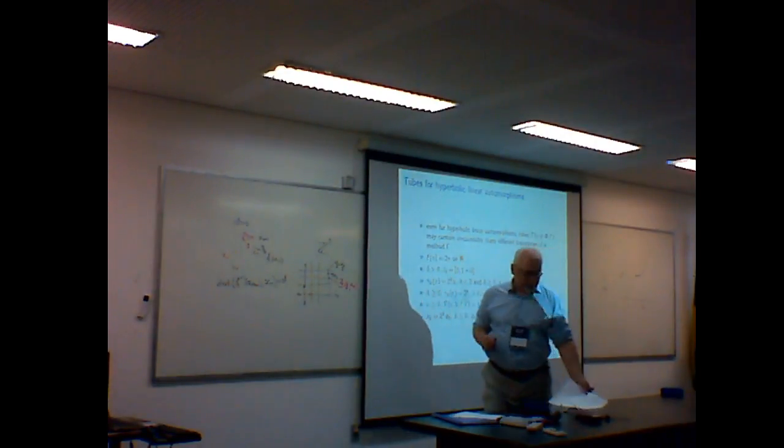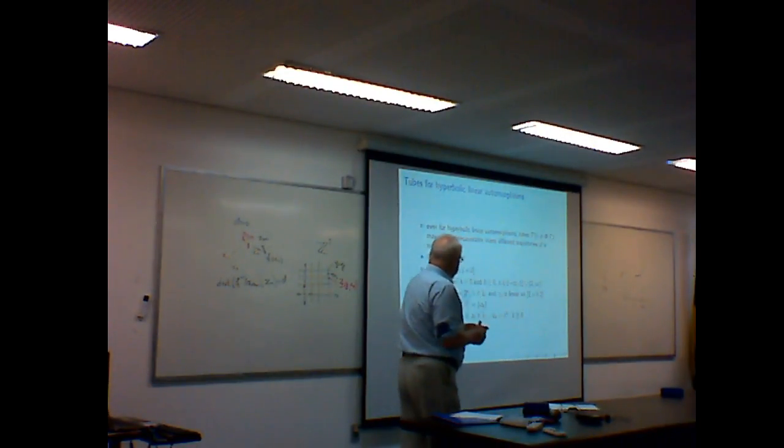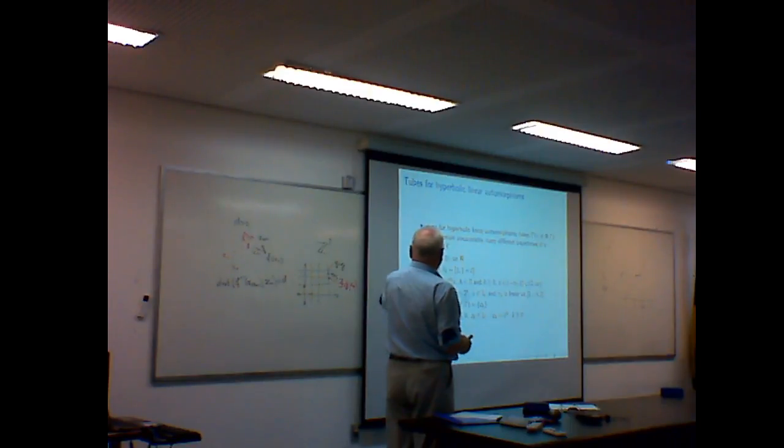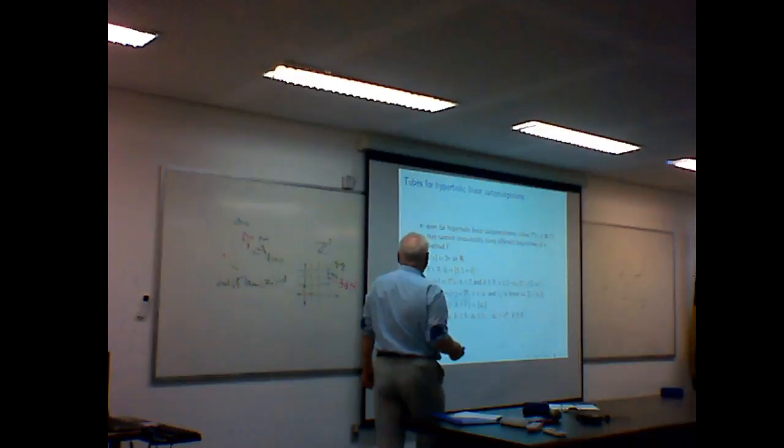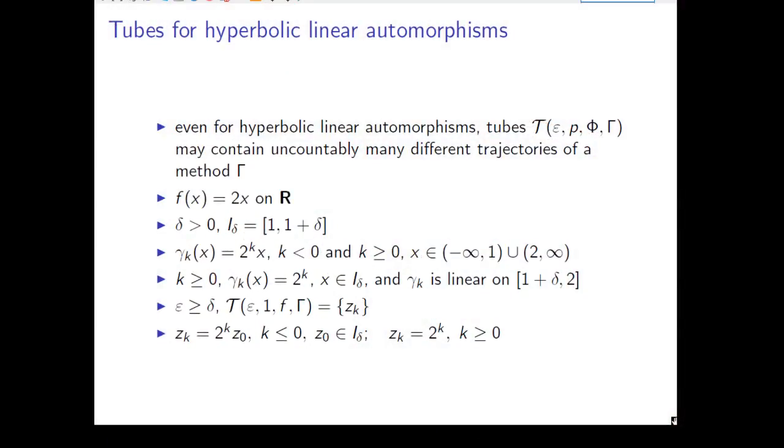and it is easy to see that if I take epsilon not less than p, then this epsilon tube consists of all sequences zk such that they coincide for non-positive k.